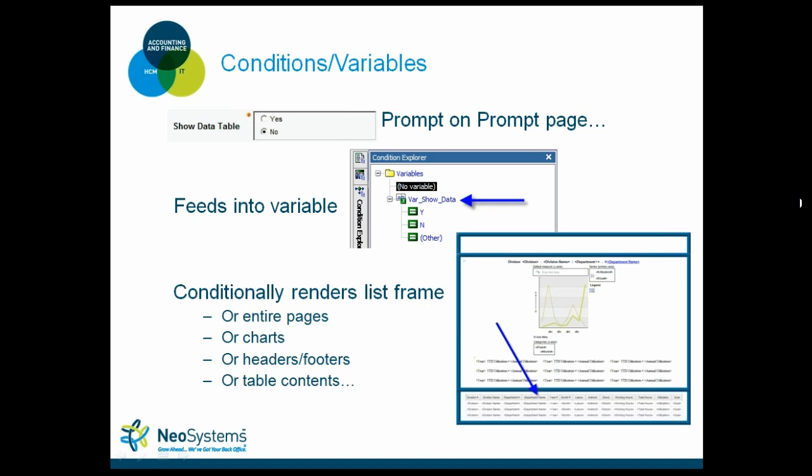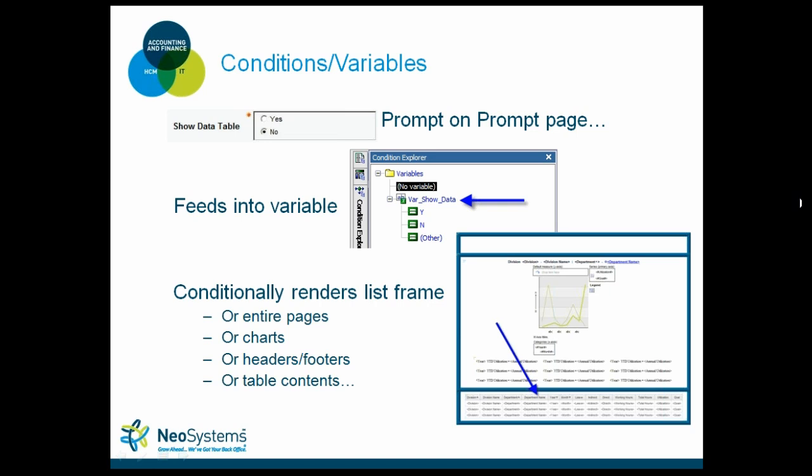And the variable here processes that yes/no response in the prompt into this show data variable, and based on whether it's a yes or a no, that gets into the logic of the report layout. In this particular example, there's a list frame at the bottom where the arrow is pointing. If they say yes, then that list will appear.